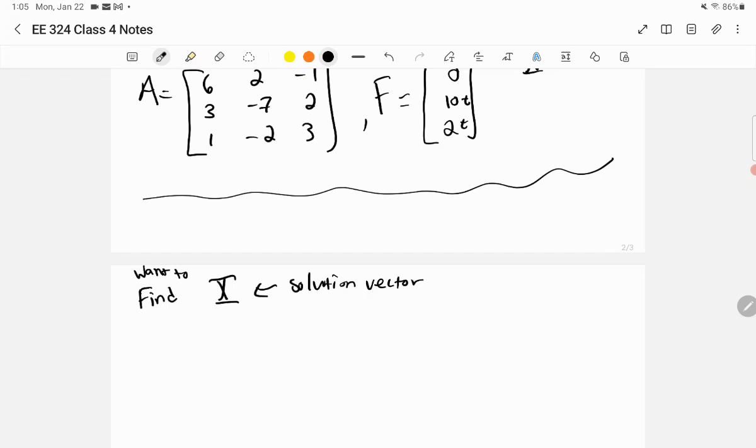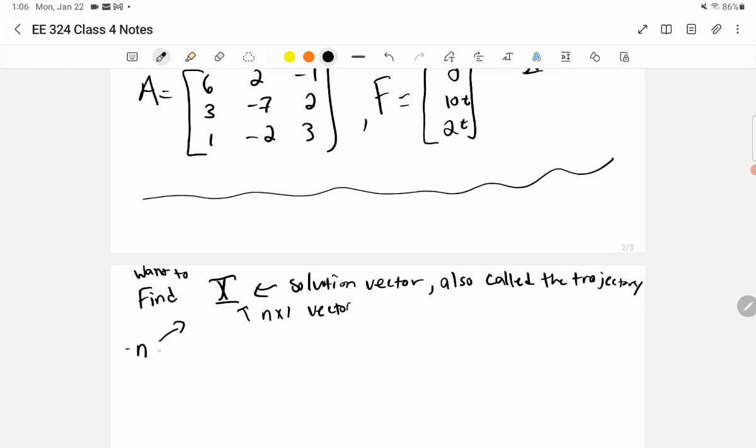We're going to want to find the solution vector, which is also called the trajectory. And then the n-dimensional plane, because this is going to be a vector in n by 1, right? So it's in n dimensions.